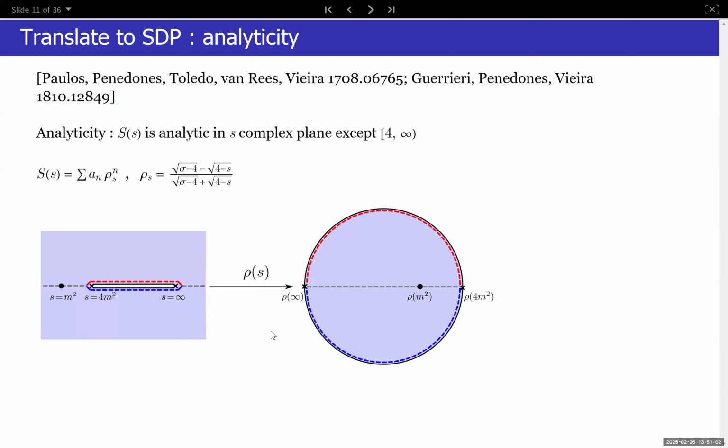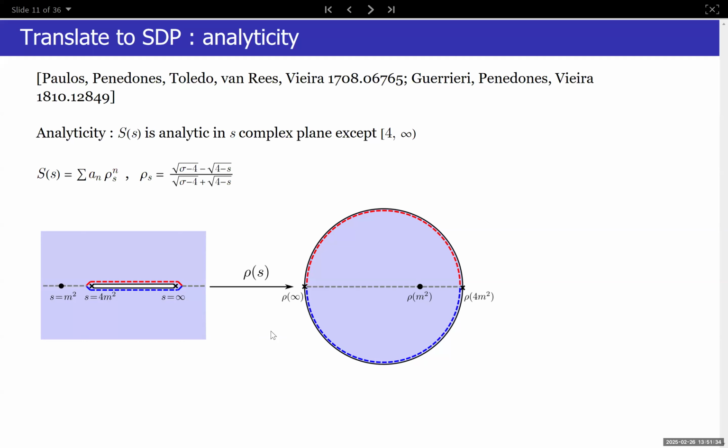The basic idea is that we do this coordinate transformation from S to rho, and sigma is some number we choose. We can choose sigma to be any number larger than 4. We can choose sigma to be 5 or 100. For any sigma we choose, this coordinate transformation maps the S plane to the unit disk, and the branch cut becomes the boundary of this unit disk.